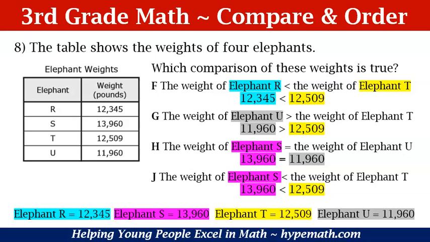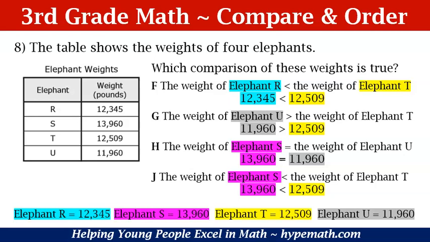Is 12,345 less than 12,509? And remember, let's talk about our alligator mouth, because sometimes when we say less than and greater than, we may not remember what means what, right? But we can remember that the alligator mouth always wants to eat and chomp on the largest number, okay?